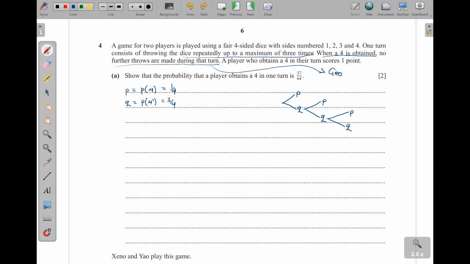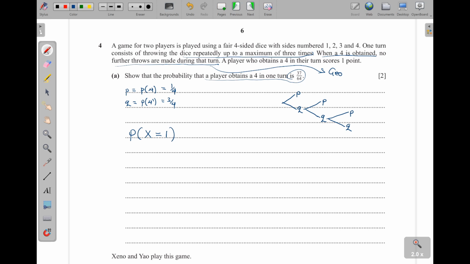Now, they want us to find the probability that a player obtains a 4 in one turn. So if I let x be the random variable that represents the number of turns, for one turn I will say probability of x is equal to 1. This is when you are obtaining a 4.